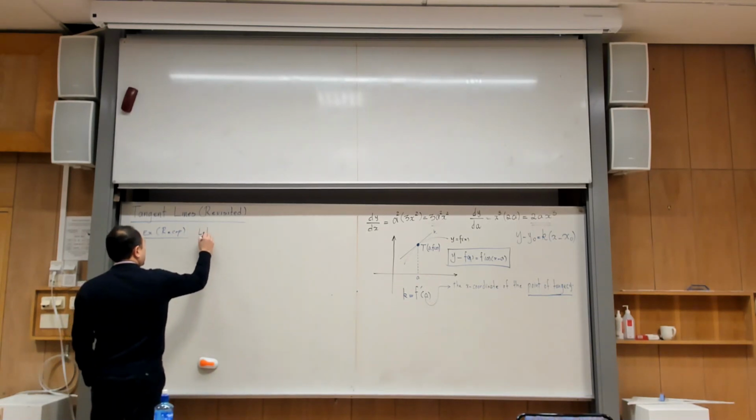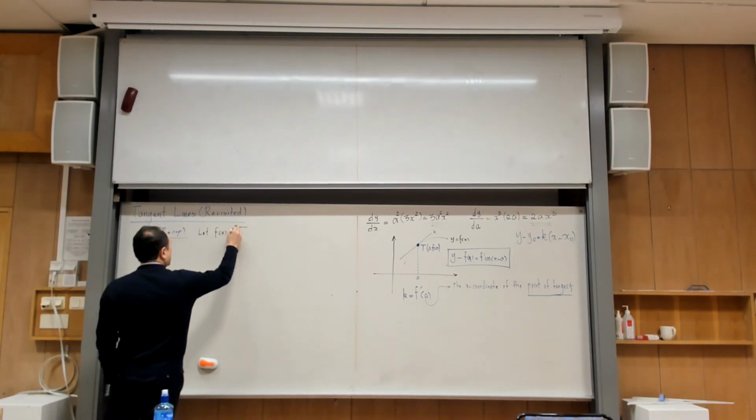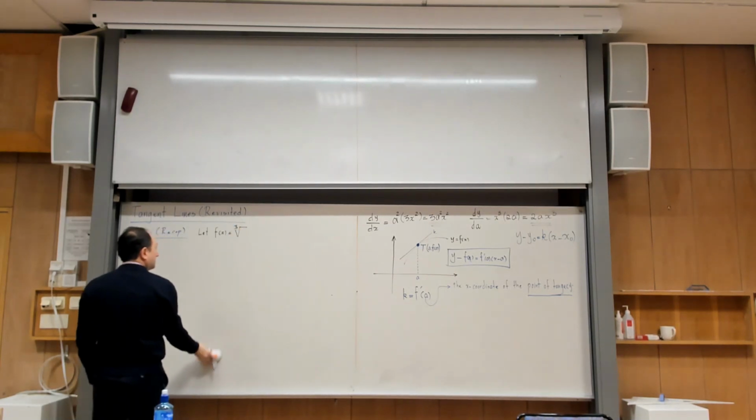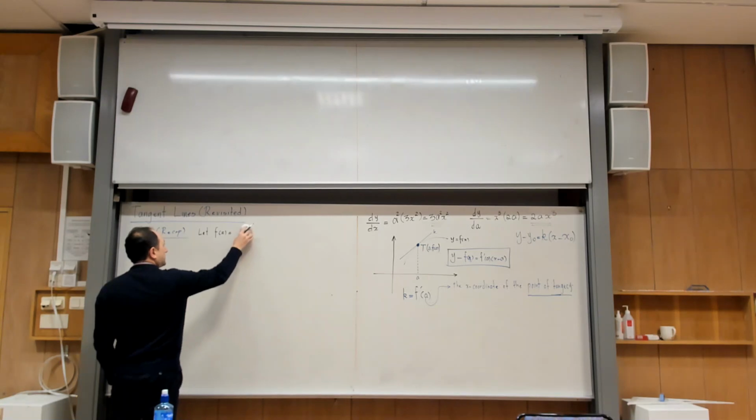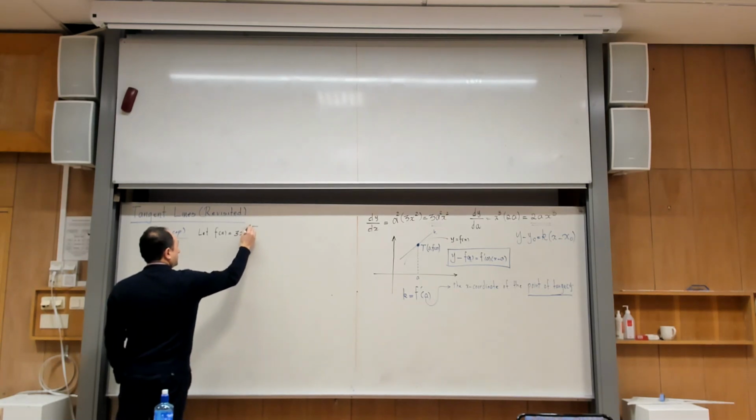Let f of x be equal to the third root... Let me make it a little bit harder because you now have more tools in your hand. So let me write 3x squared times the third root of x.